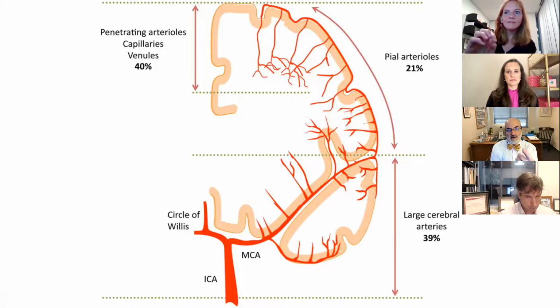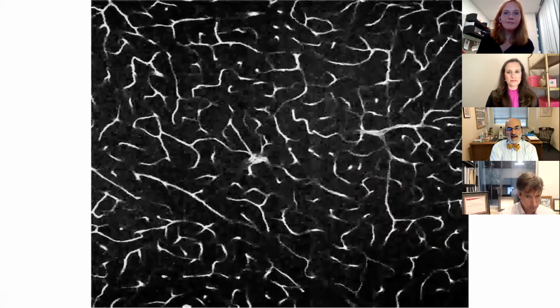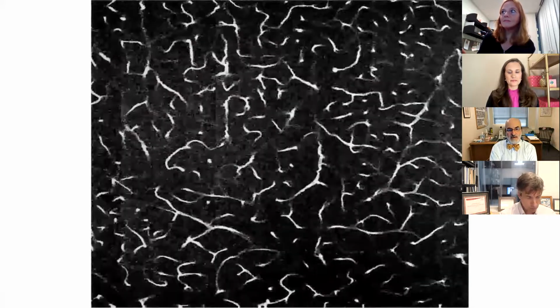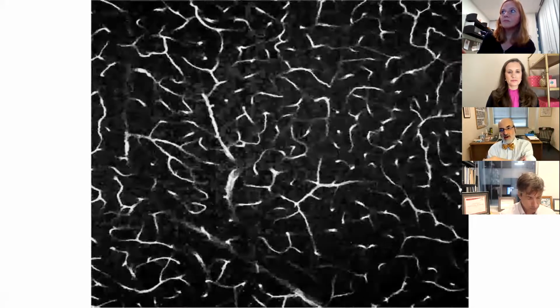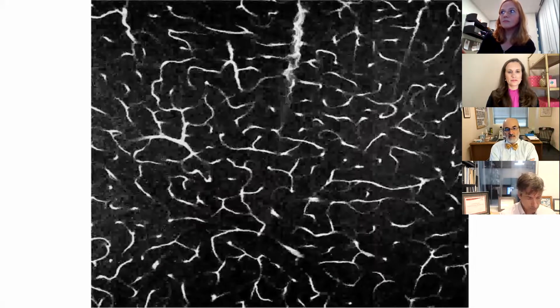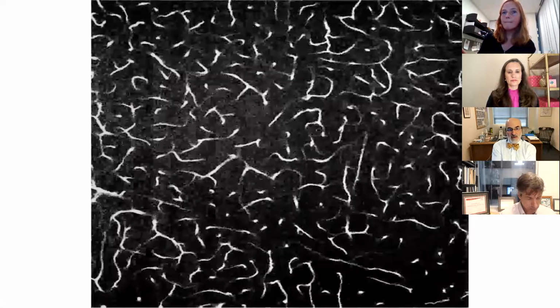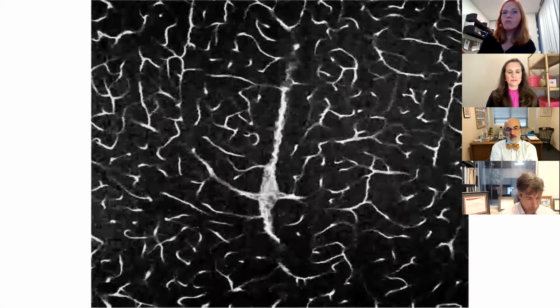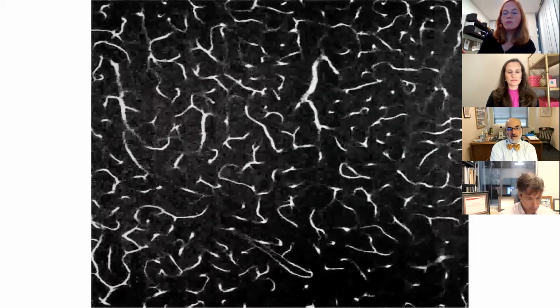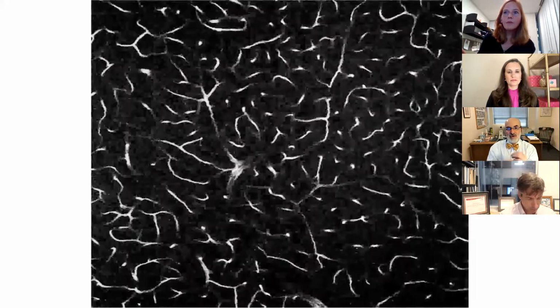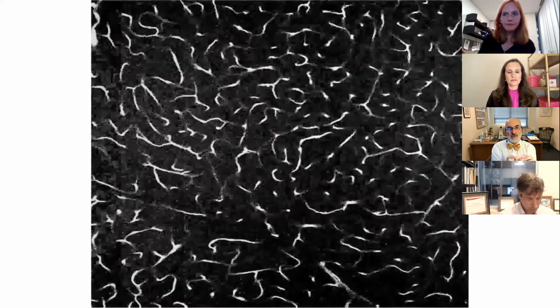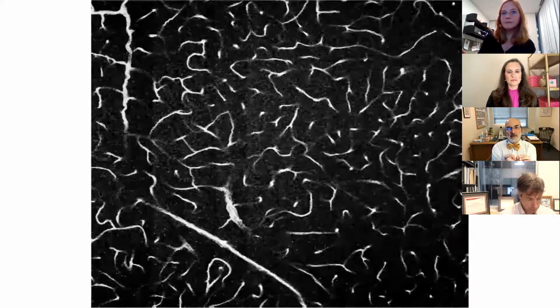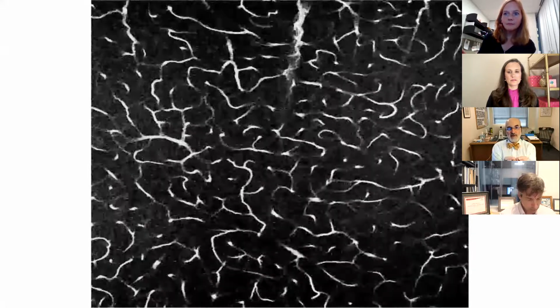But if we go to the next slide, this is about 1 millimeter across the top and 1 millimeter down the side and about 0.5 millimeter deep. And we're basically walking through that. And what's highlighted in white are all the blood vessels. So no part of the brain is more than 1/10 of a millimeter away from a blood vessel ever.